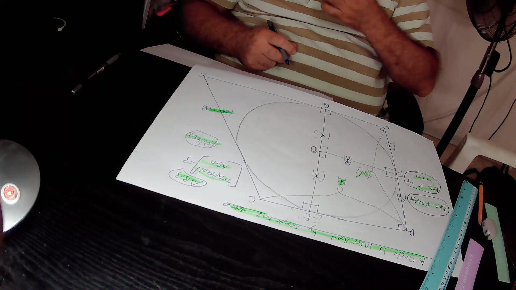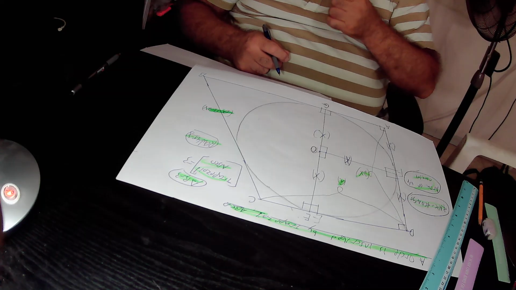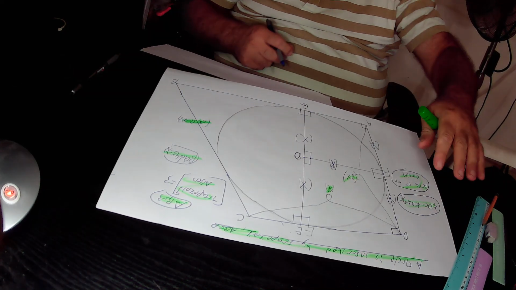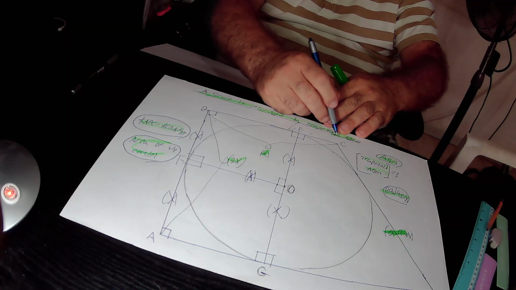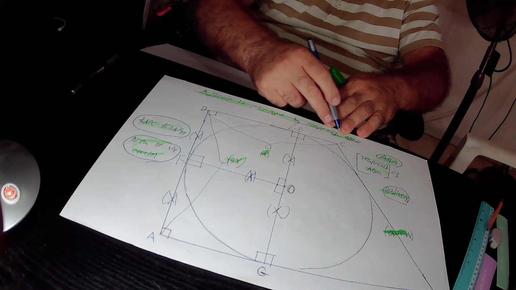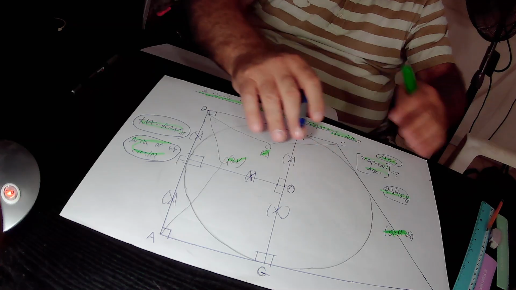In the next step, we will do a construction. From this point C, we will go perpendicular on AB. Again, from point C, we will go perpendicular on AB.